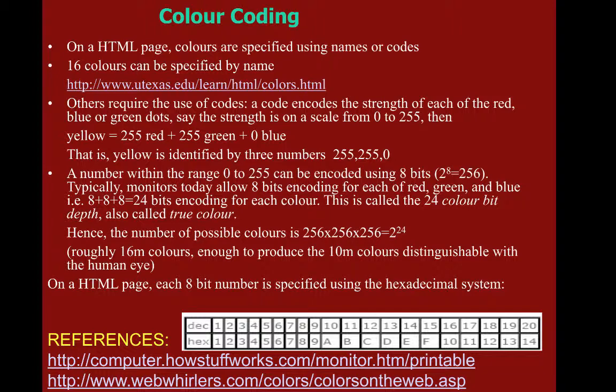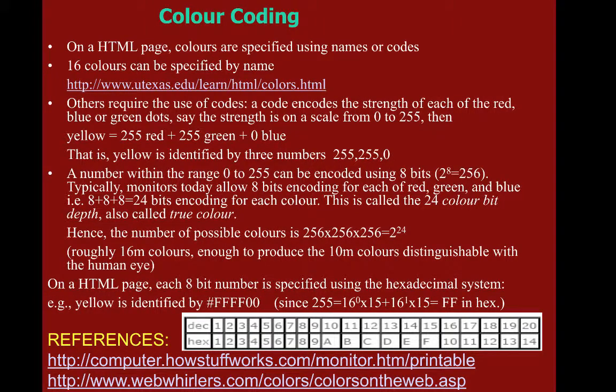So we go from 0 to 9, and then you have A, B, C, D, E, F. Using this hexadecimal system means that we use fewer characters to encode a number between 0 to 255. So for instance, yellow can be identified by hash FFFF00 according to the hexadecimal system. And that's the hexadecimal system when it's translated.